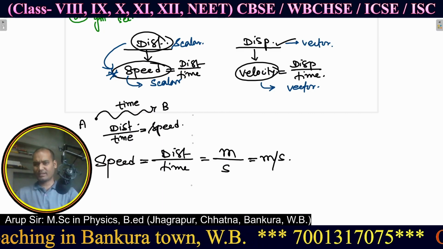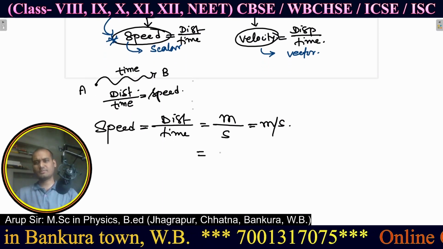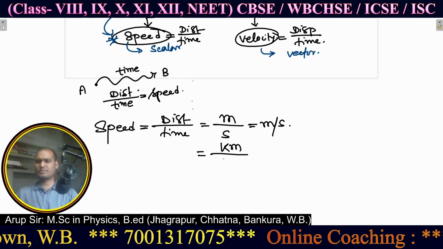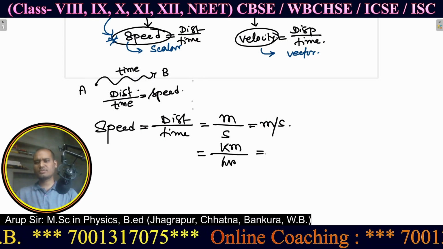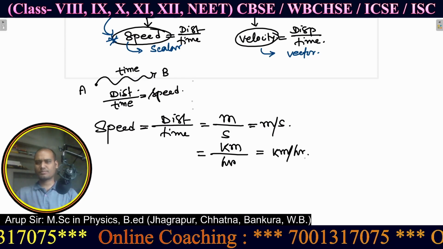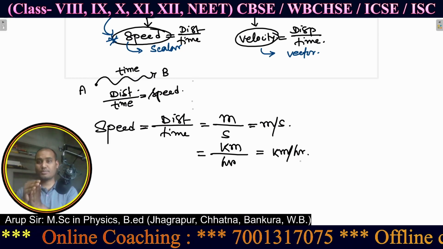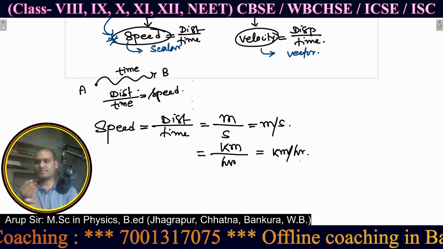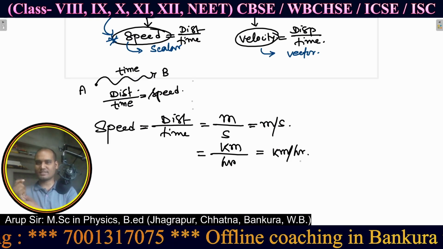Even for distance, kilometer may be another unit, so kilometer per hour is generally used, which is also another unit of speed. Not only for speed, for velocity also the same kind of units will be used, because displacement has the same unit as distance, right?